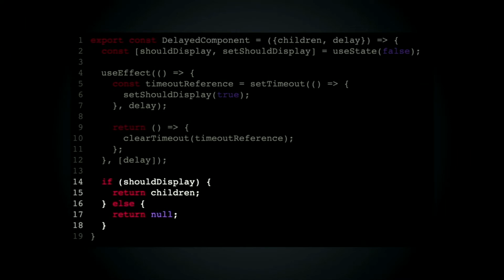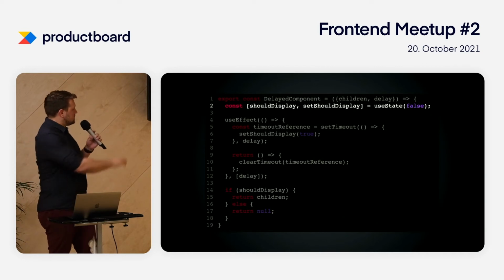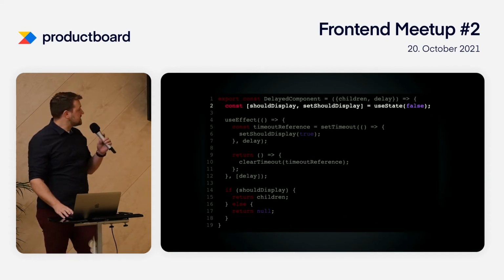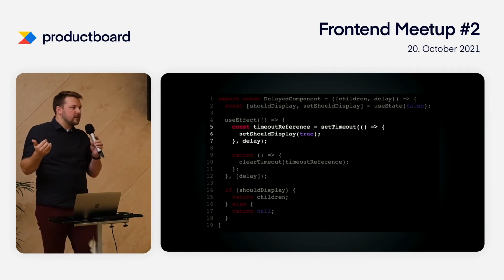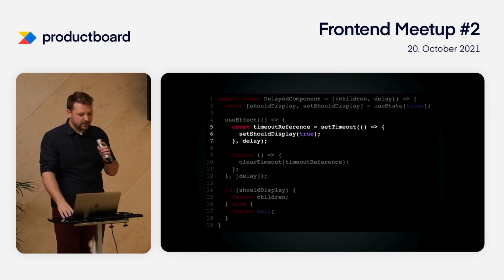There is a condition at the end with an internal flag: when you should display the children, it will render the children. When not, it will render nothing. Initially, we set this property to false, obviously, and we set it to true after a certain period of time, after the delay. So this is just code which postpones the rendering of a component.